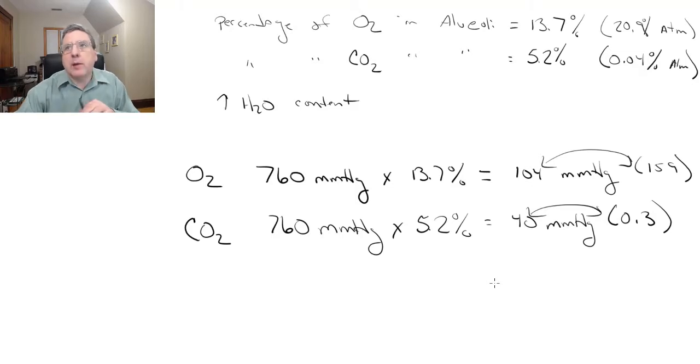So hold on, let me just pause this. Okay, instead of doing the equations on how to calculate the partial pressures at the cellular level, I'll just give you the net pressure.